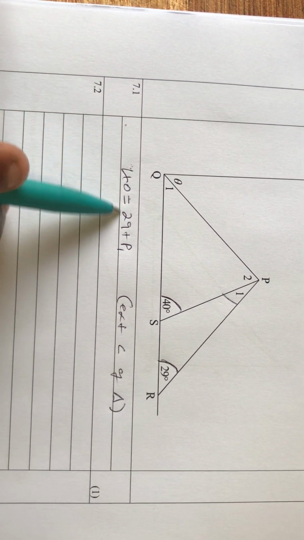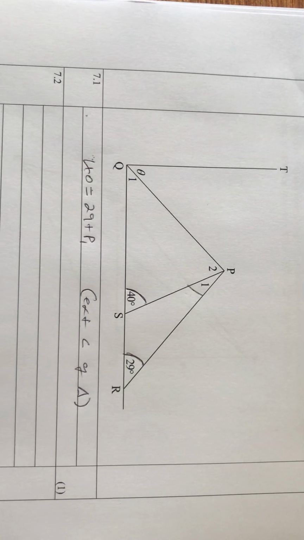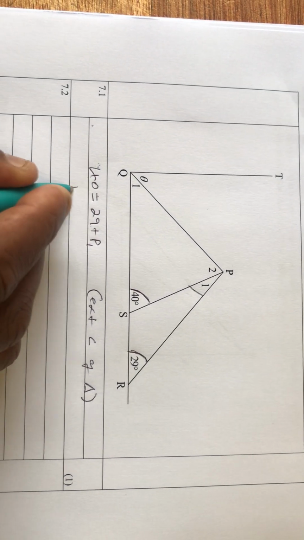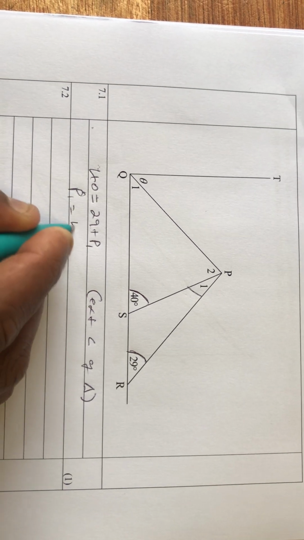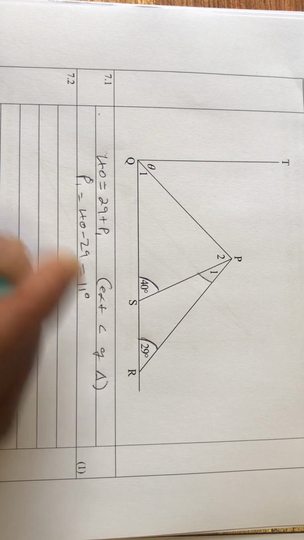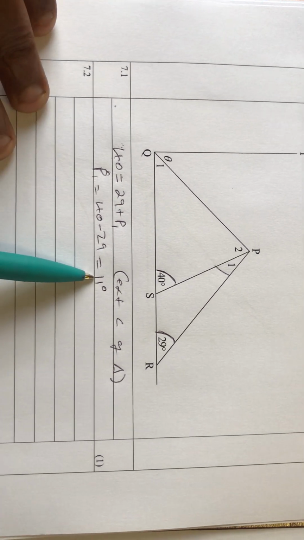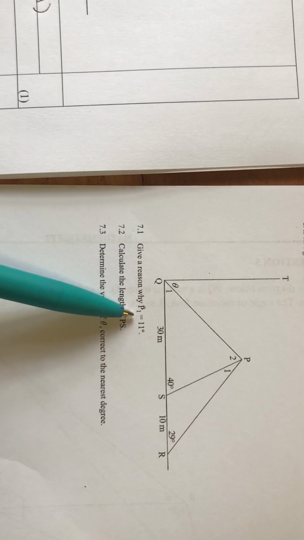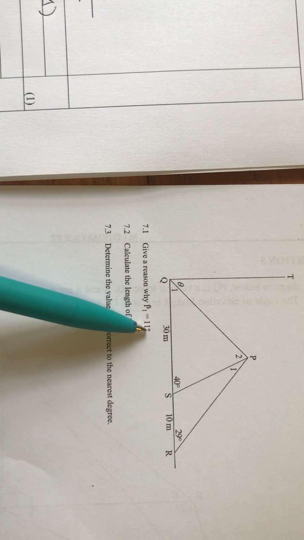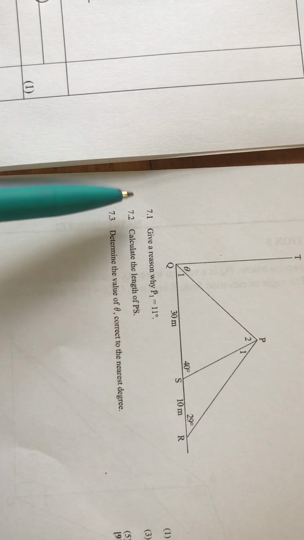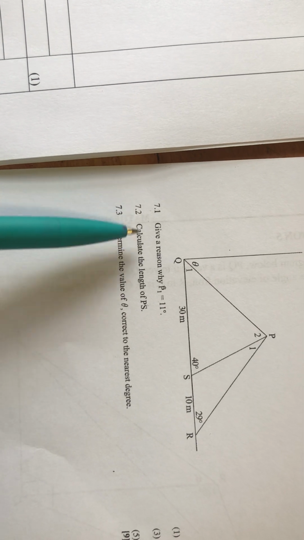That is the reason that you need to write here. Whenever you calculate P1, it will be equal to 40 minus 29, which equals 11 degrees. So this 11 degrees is the one that you were given here, but they needed a reason. So the reason for this P1, which equals 11 degrees, is exterior angle of a triangle.